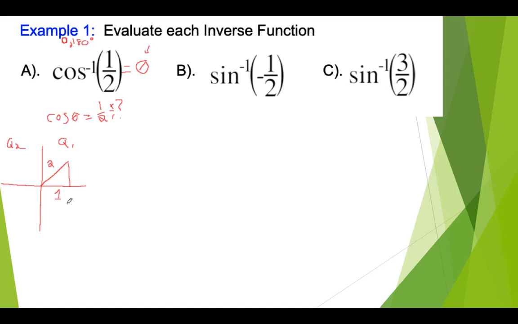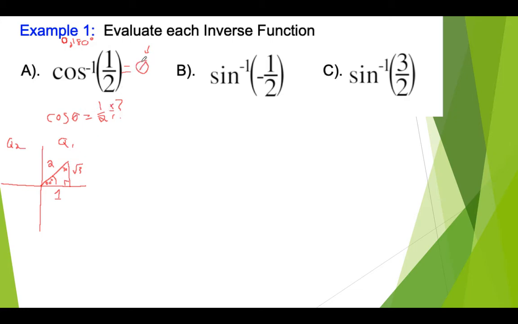Well, now we need to know, is there any special triangles that we know that would have those similar ratios? And if you recall 30, 60, 90, it's 1, square root of 3, and 2, right? So this would be the 30-degree angle, this would be the 60, and this would be the 90. So the angle measure that would get cosine of that angle measure equals 1/2 would be 60.